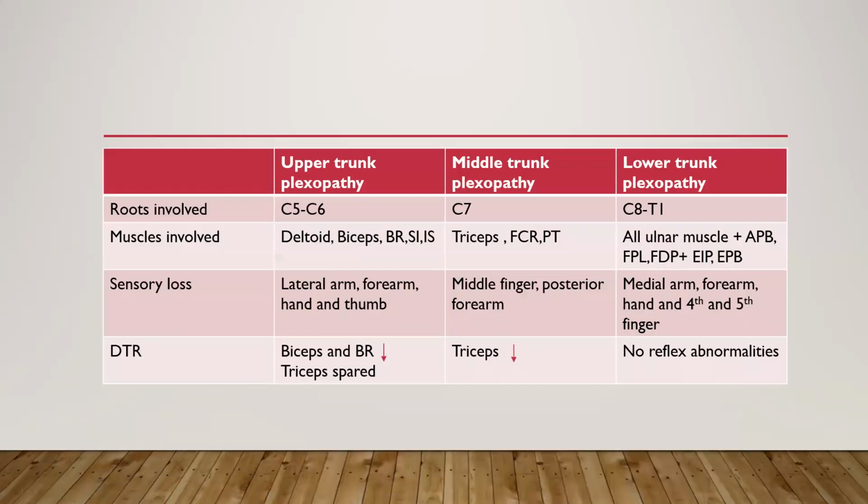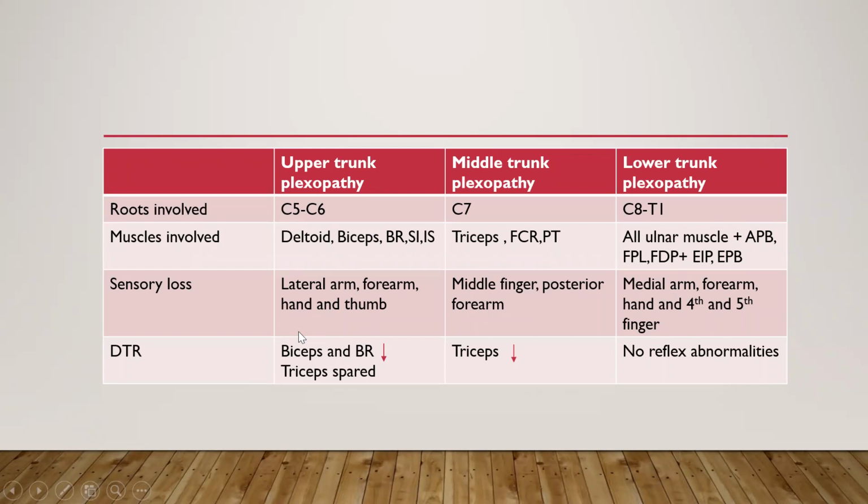So this is the difference between upper trunk, middle trunk and lower trunk. Upper trunk is formed by C5, C6, middle trunk by C7 and lower trunk by C8, T1. The main muscles involved in upper trunk plexopathy are deltoid, biceps, brachioradialis, supraspinatus and infraspinatus. The sensory loss will be lateral arm, forearm, and thumb, so LABC will also be affected.